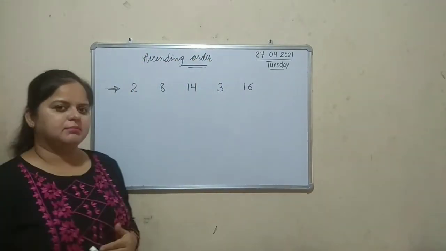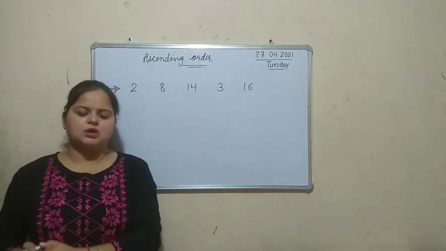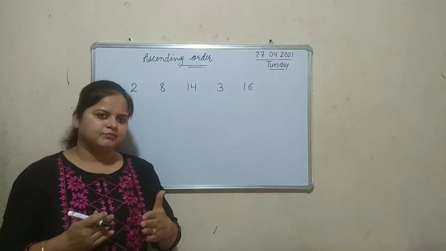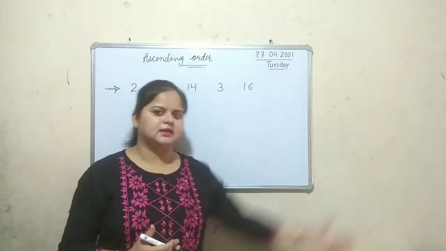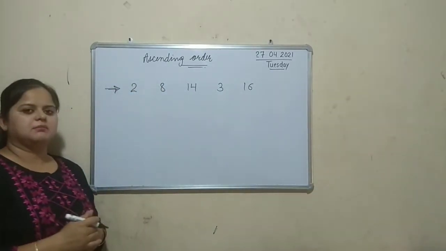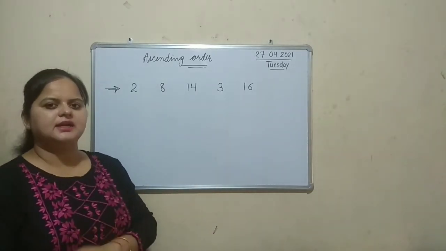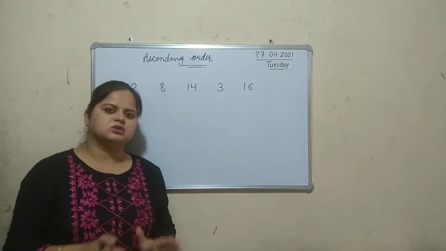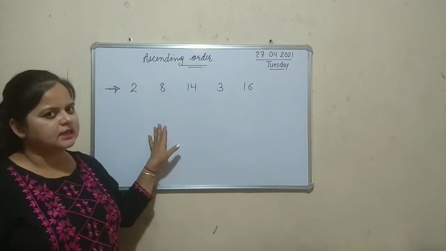To arrange the numbers from smallest to greatest. First the smallest number, then the bigger one, then greater, greater and the greatest number. To arrange the numbers from smallest to greatest is called ascending order. Now, as you all know about the smallest and greatest number, you can easily do the ascending orders.